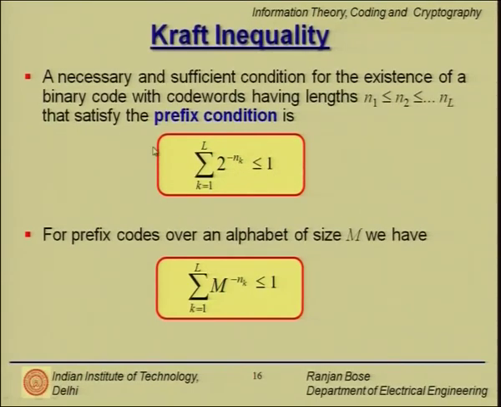This inequality is called the Kraft inequality. For the non-binary case, for alphabet size of m, we have the equivalent Kraft inequality with 2 being replaced by m. We will use this extensively in our lecture.